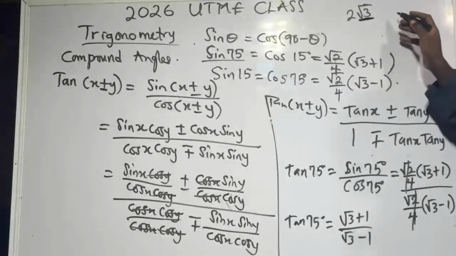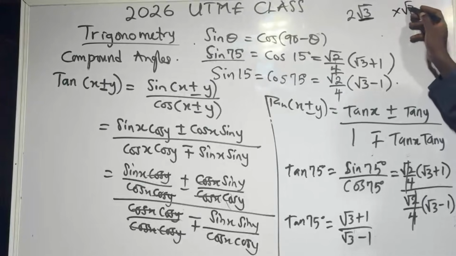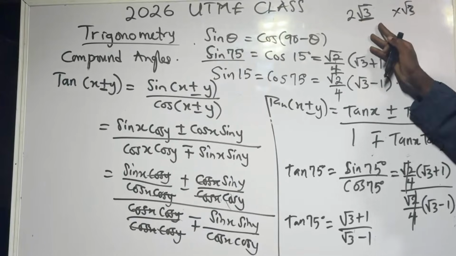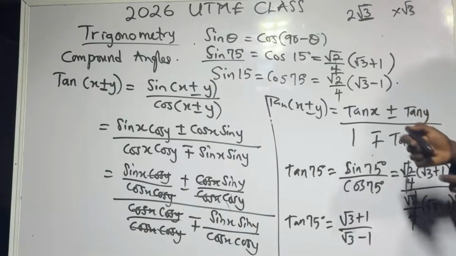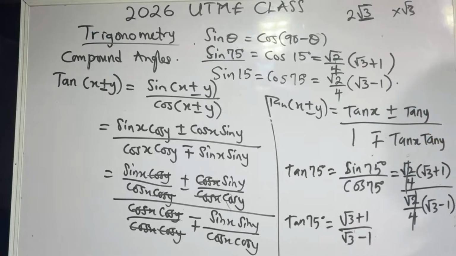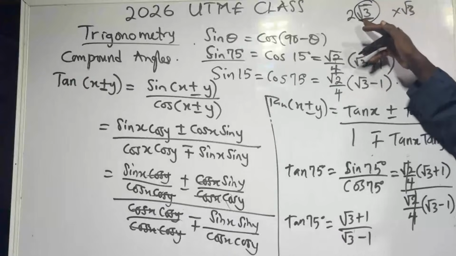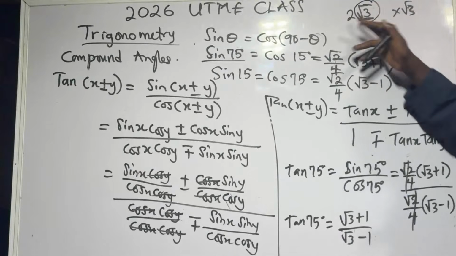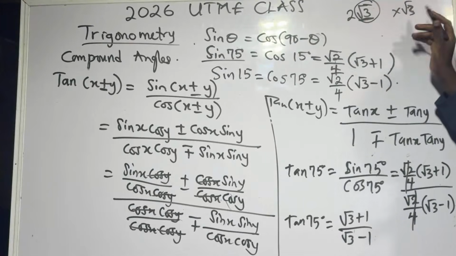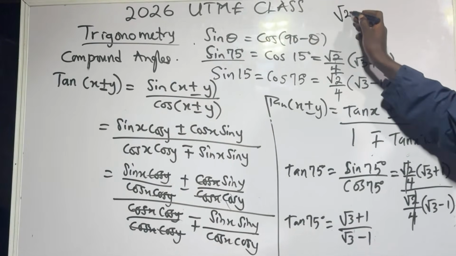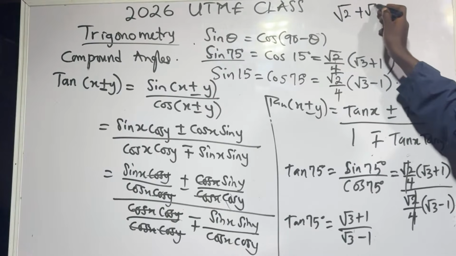So the conjugate of this will be root 3, not 2 root 3. If you use 2 root 3, you are only making work complex for yourself. It is just the surd part. The conjugate of 2 root 3 is root 3. Just that.